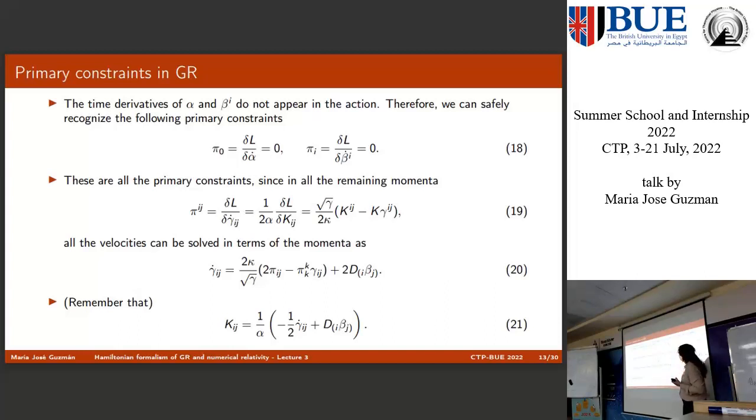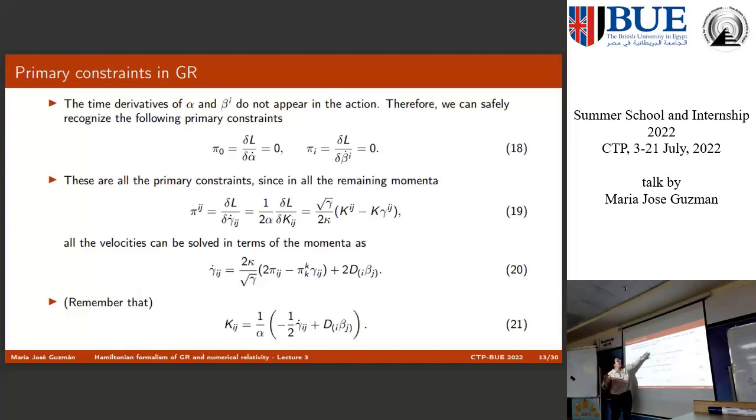And here I am immediately using the ADM decomposition because, if you remember, just to be exhaustively clear, I showed you that g00 was alpha, g0i I decomposed like beta i, and then with the lower indices, gamma ij, if I'm correct. So these are just the components of the metric once I did this ADM 3+1 split.